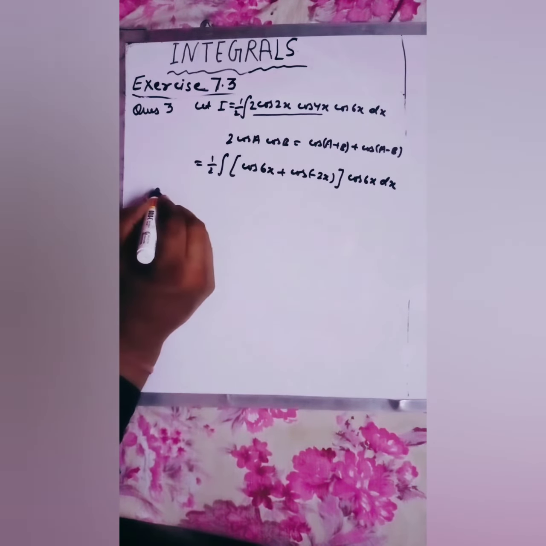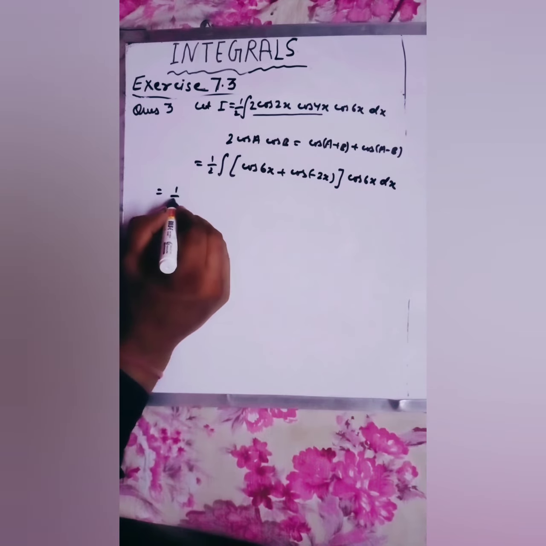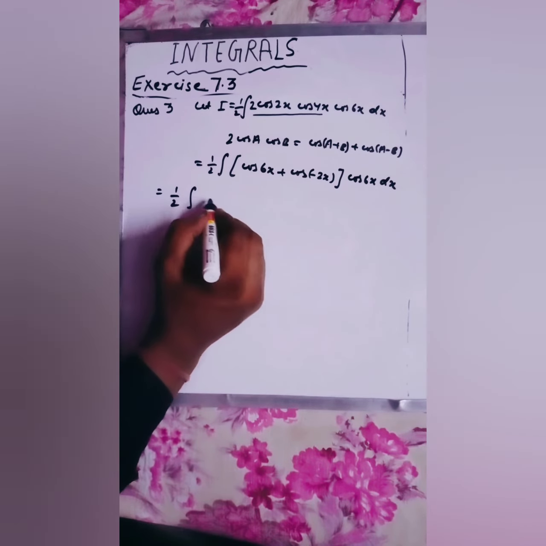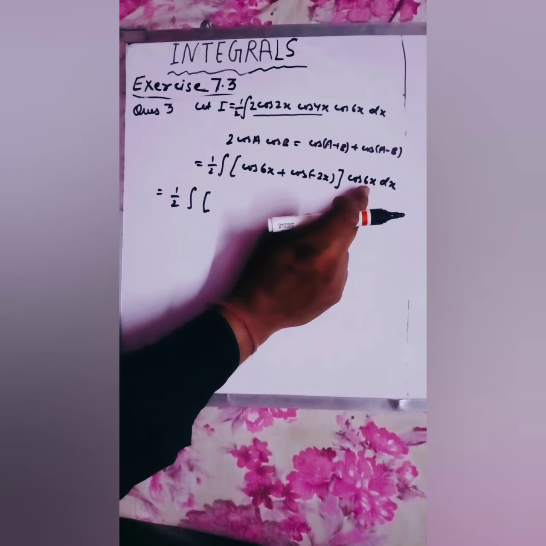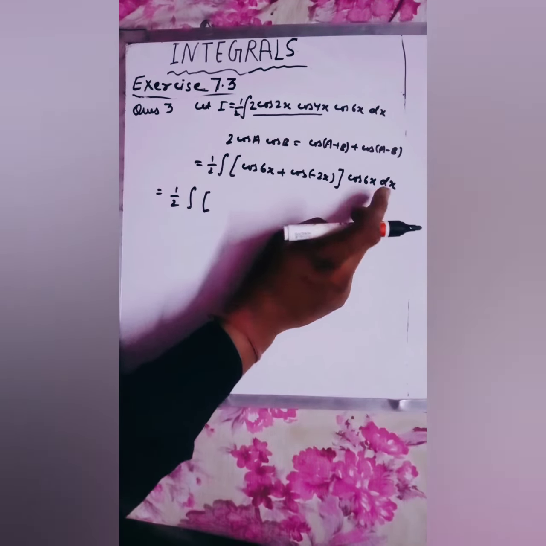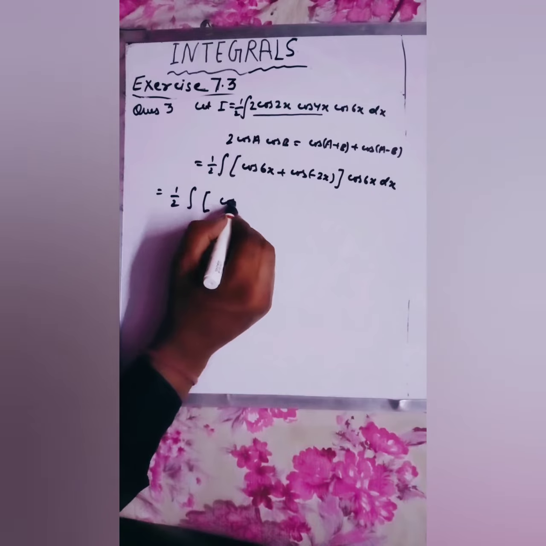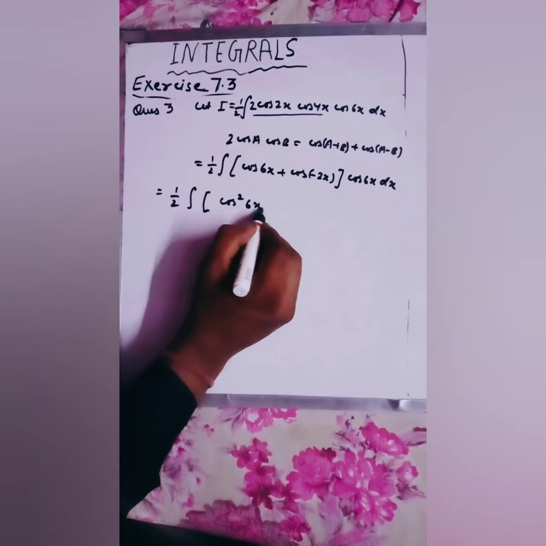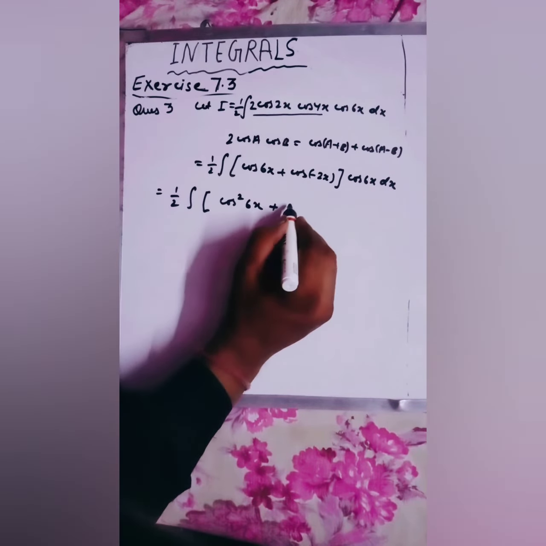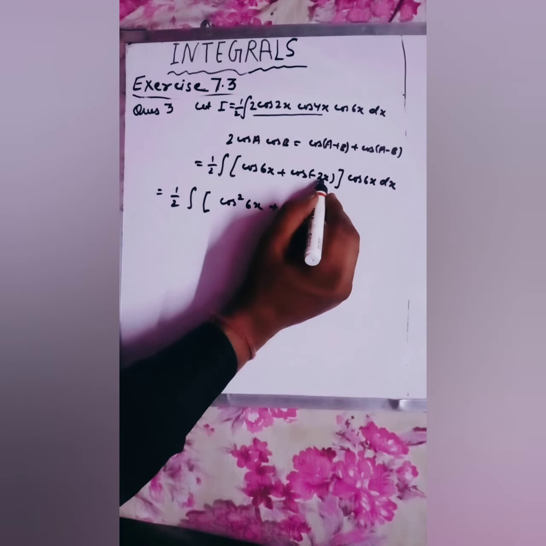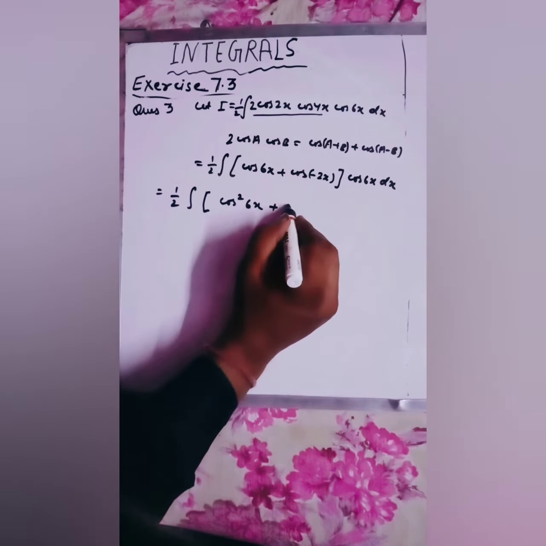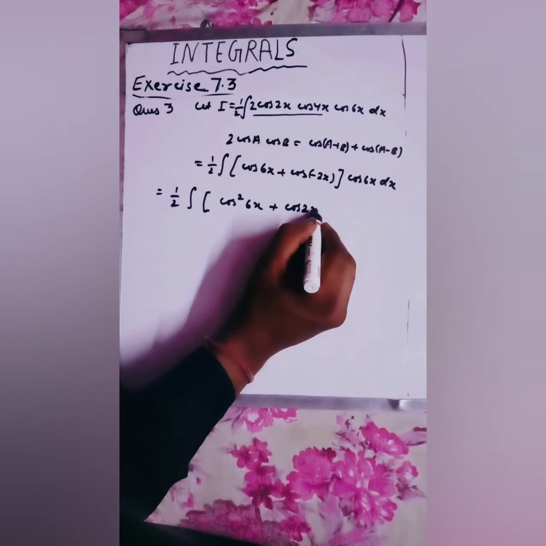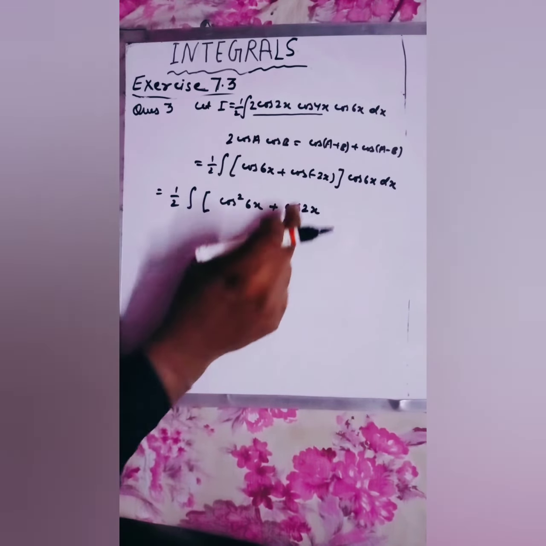Okay, now half integral. Now what we have to do, we have to insert this cos 6x in this bracket, and here you will get cos square 6x plus cos(minus 2x), that is cos 2x. So the angle you can solve like this, this will be positive.